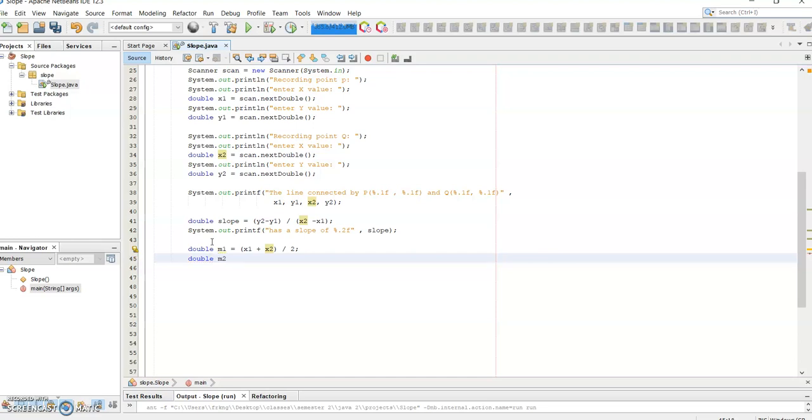Double m2 equals y1 plus y2 divided by 2. That's it. So this is what your midpoint is, and let's display it.